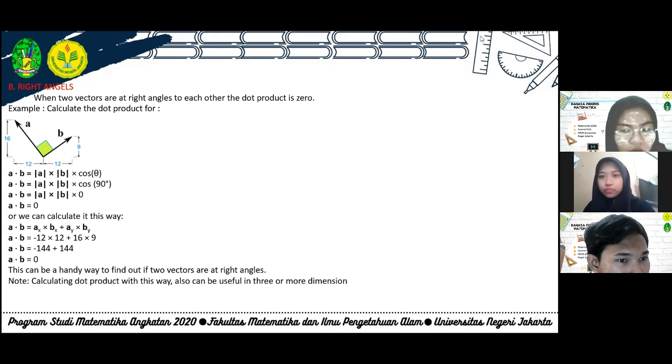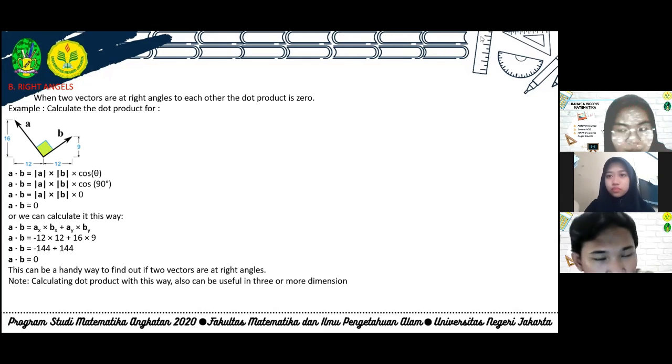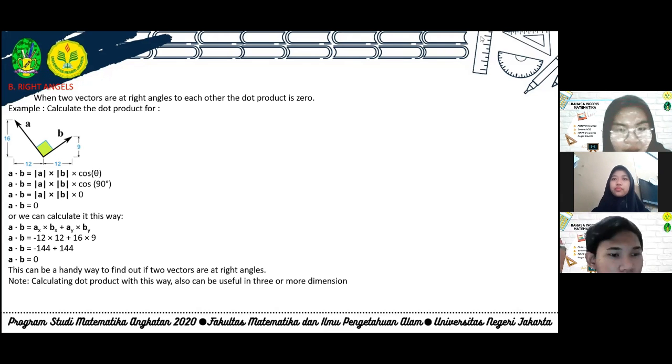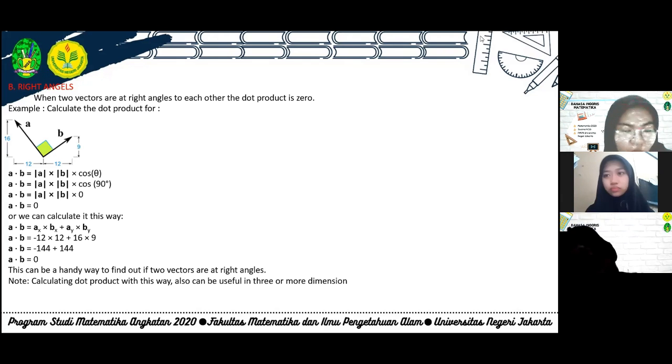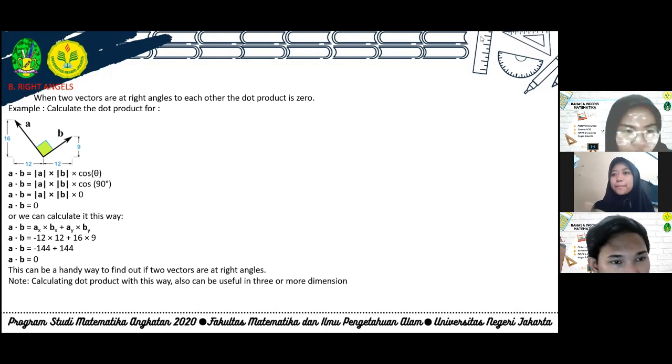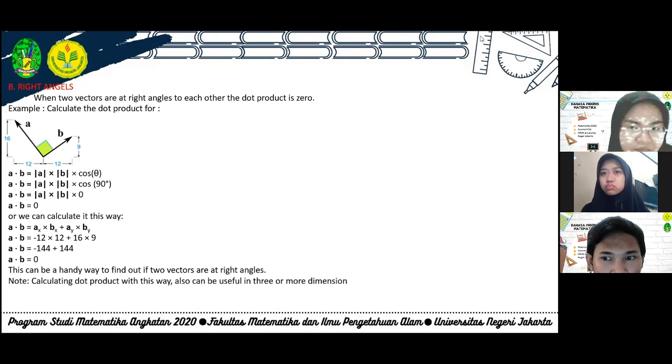Dot product of vector A and B equals 0. This can be a handy way to find out if two vectors are at right angles. Also, calculating the dot product this way can be useful in three or more dimensions.